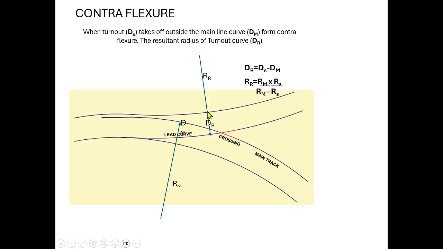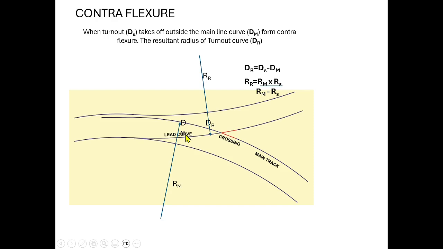Similarly, in the case of contra flexure, when it is a straight turnout, the degree will be, let us assume, 4 degree. But when the straight turnout is following the main curvature, when bending this way, automatically the turnout will be pulled this way so that it will become flatter.